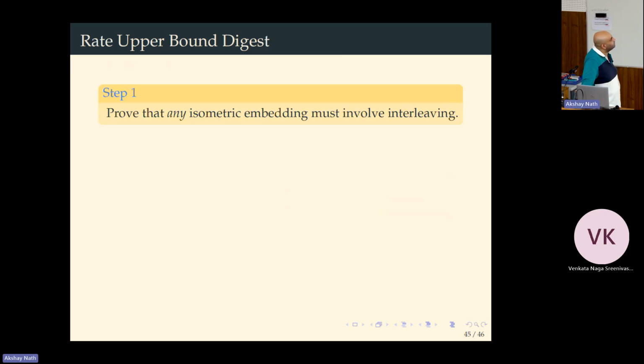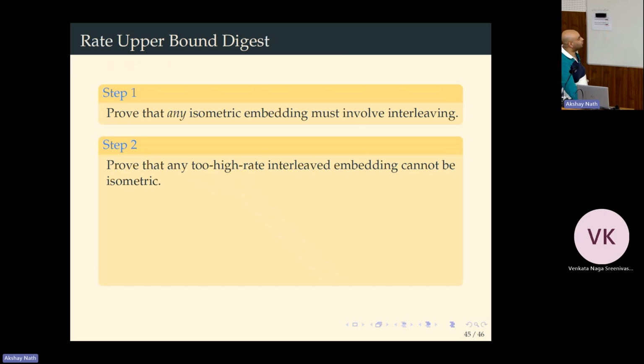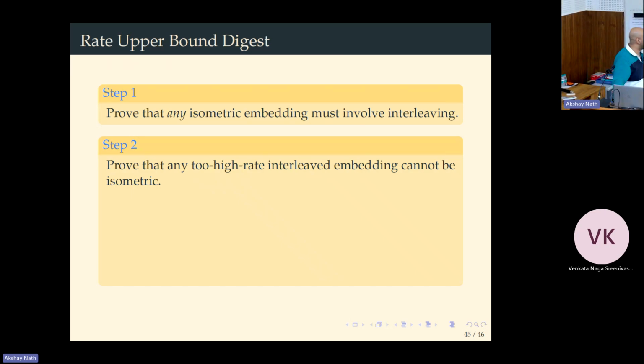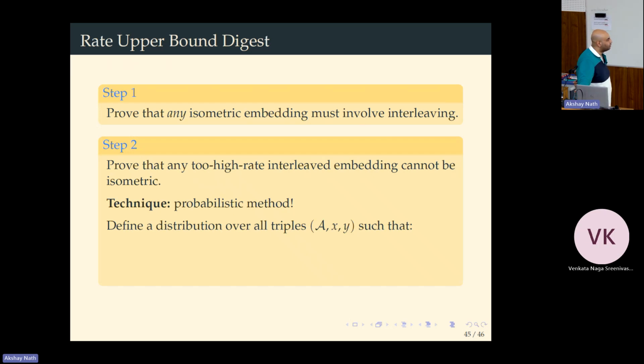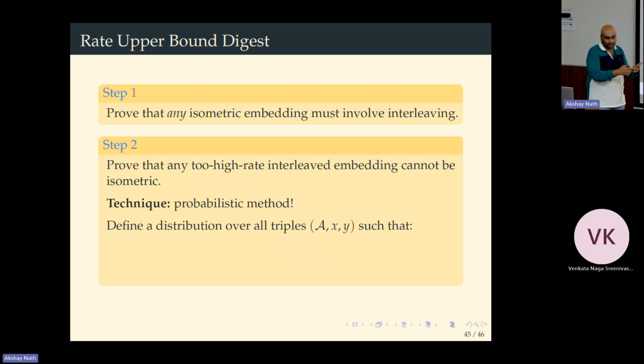Okay, once we have step 1, that we showed that it's just like a padding, step 2 is then, okay, let's assume that there's a very high rate interleaved embedding, and we'll show it's not isometric. And the way to do it is using the probabilistic method. We define a distribution over all pairs x and y with some alignment, which is just defined by a random shift.